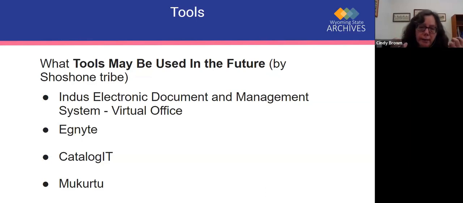And Alejandra, since you mentioned these in your slides, I went ahead and put them in. If you want to speak to them, you can, but I'm prepared to give quick comments on these in case people were curious about it. So the Indus election, I'm assuming the thumbs up means go for it, Cindy. The Indus Electronic Document and Management System / Virtual Office is a subscription-based archival and retrieval system. The Ignite, or I'm probably saying it wrong, is a subscription cloud-based file sharing solution.